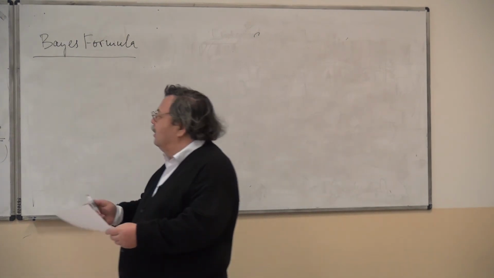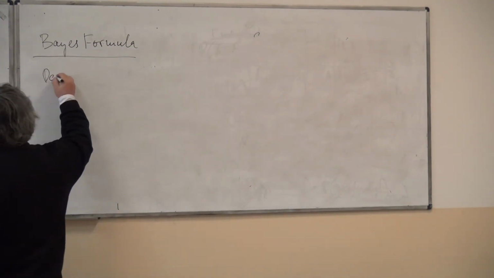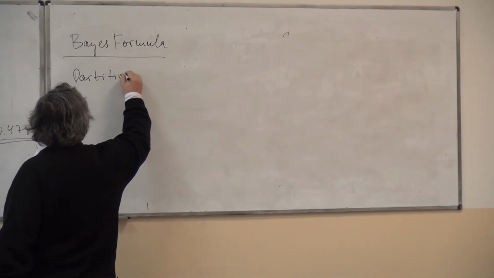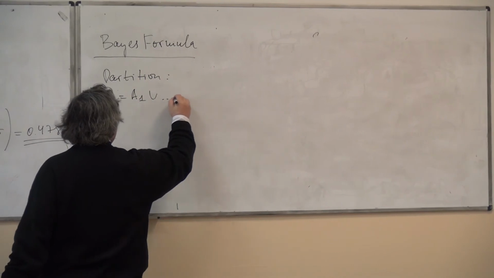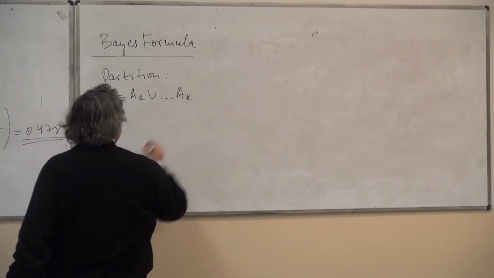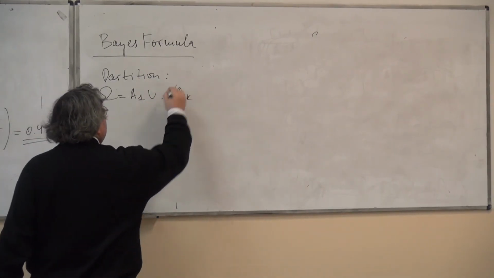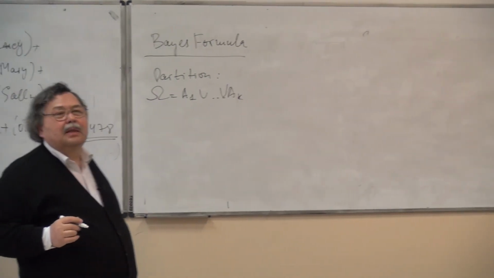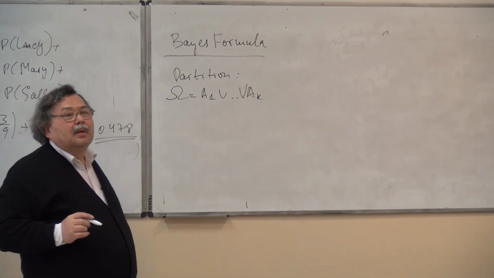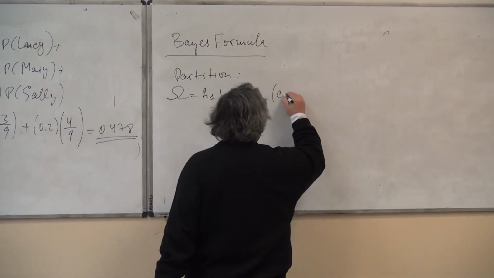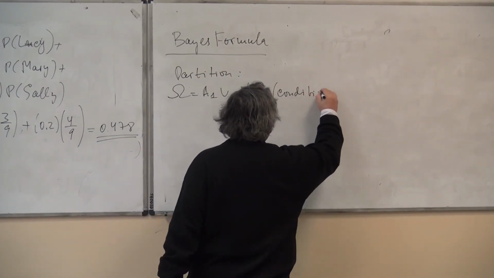All right, let's say that we still have this partition. So the sample space sigma is presented as the union of a certain number of events that we call conditions here. We can call them conditions. Okay?